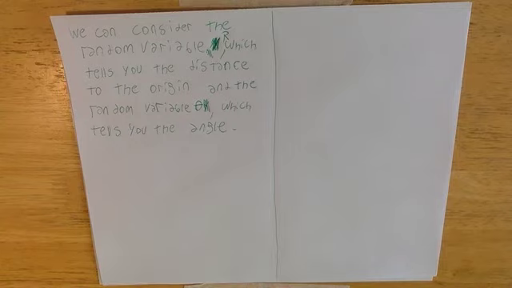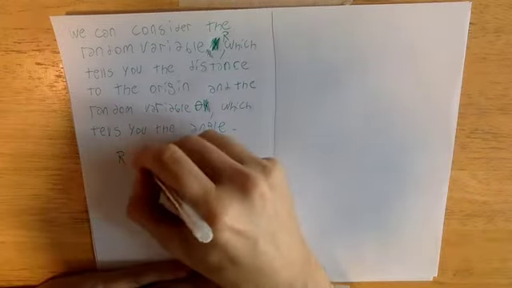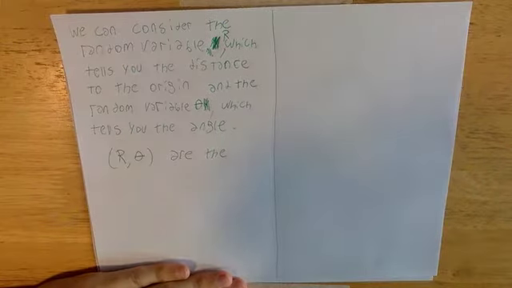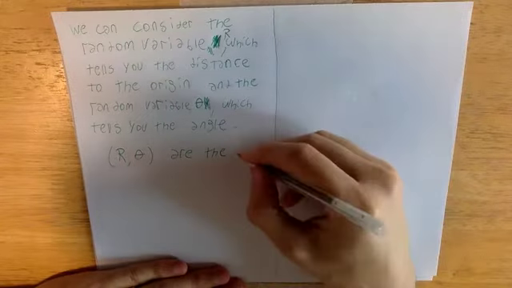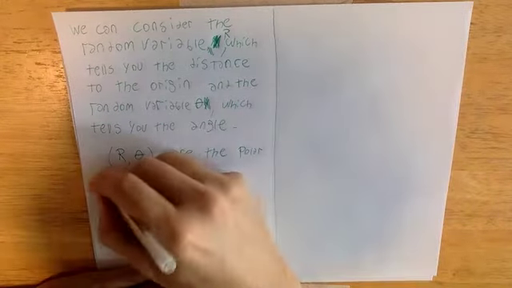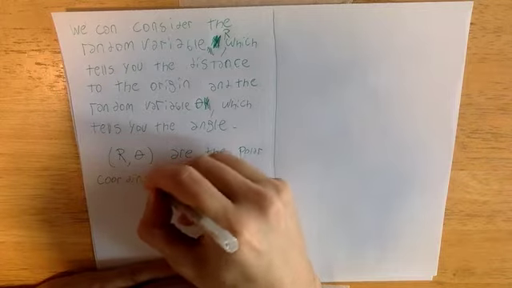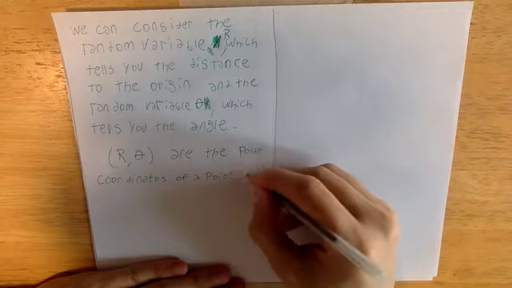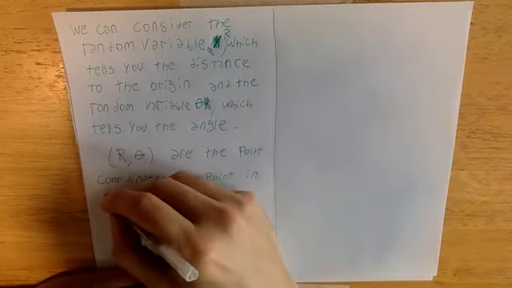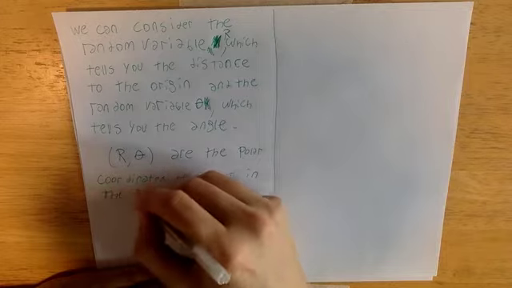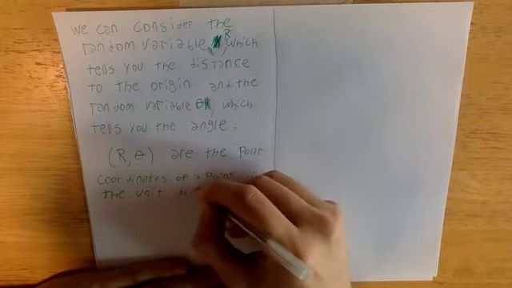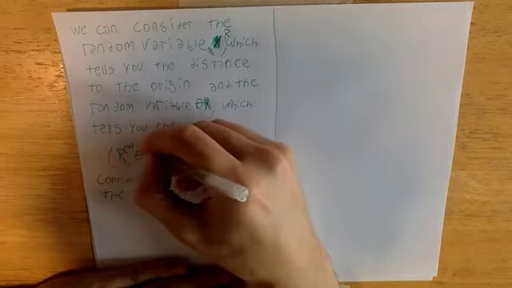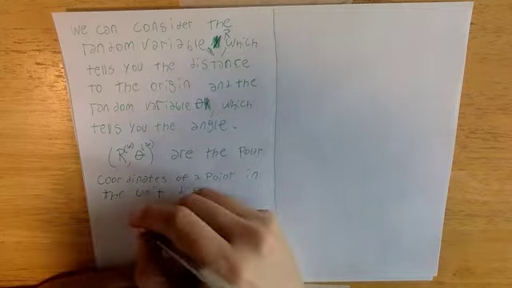Okay, so basically r and theta are the polar coordinates of a point in the unit disk. So this would be r of omega, theta of omega.